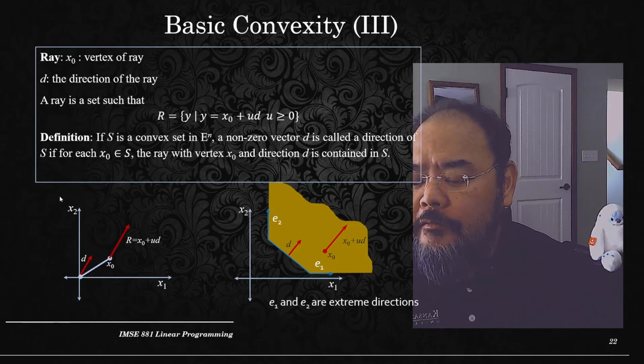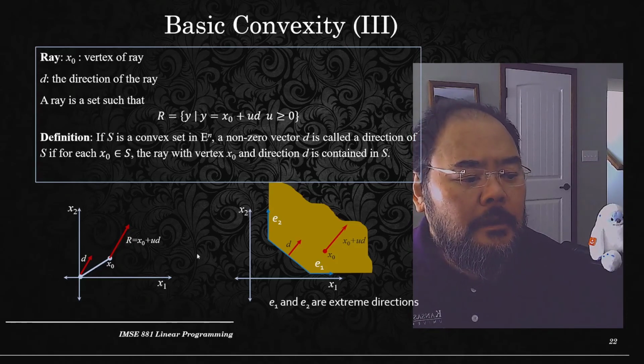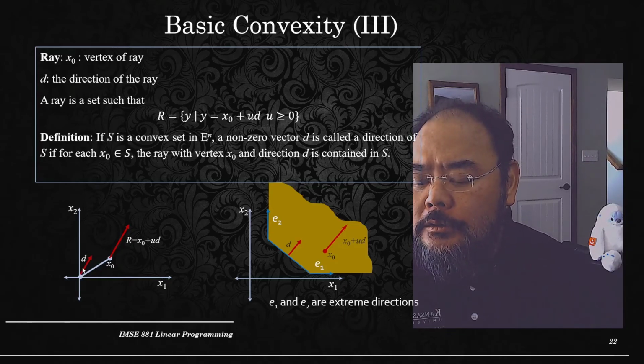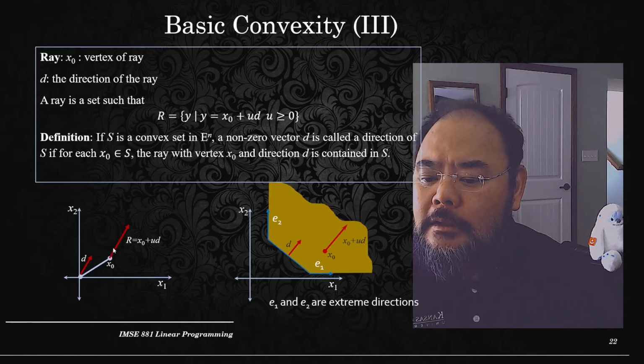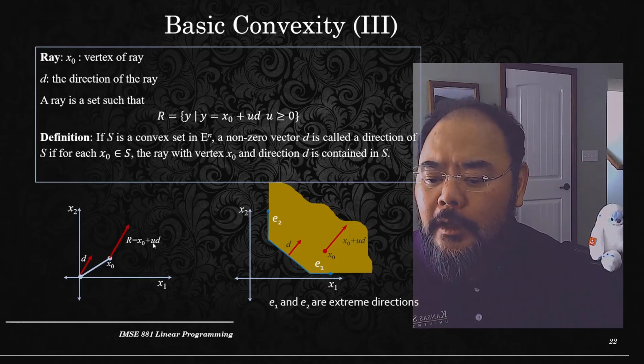First we're defining a ray. Look at the lower left corner. I have a direction D, and then I have a starting point we call the vertex x naught. A ray is defined from this particular x naught using that direction D, and mu can be any non-negative number.